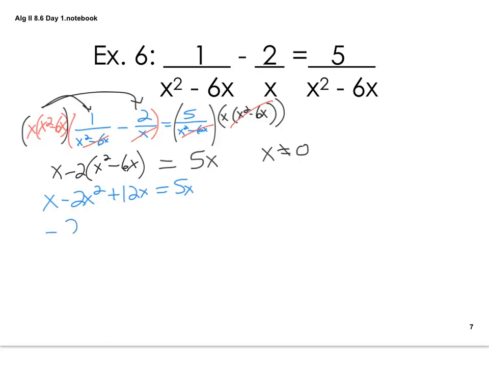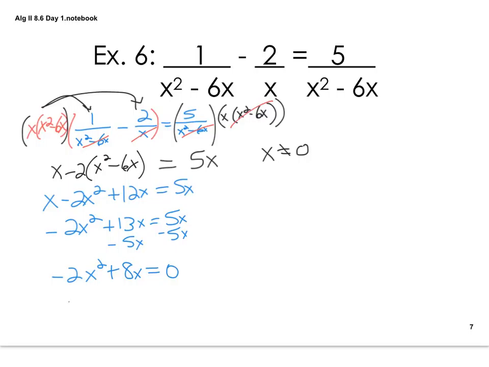So I'm going to end up with negative 2x squared plus 13x is equal to 5x. And I can subtract that 5x from both sides of my equation, and I'll end up with negative 2x squared plus 8x is equal to 0. Okay, and then I'm going to go ahead and factor this.